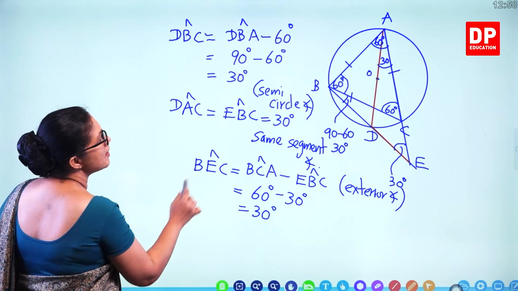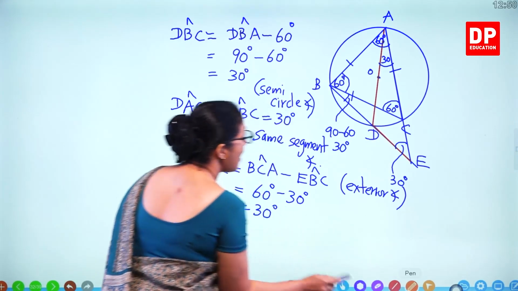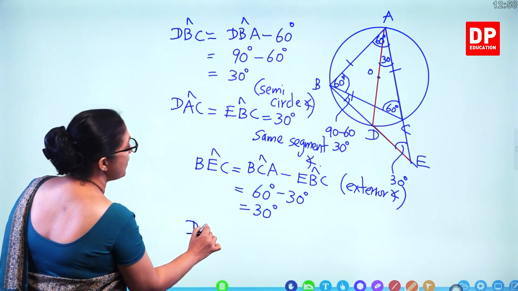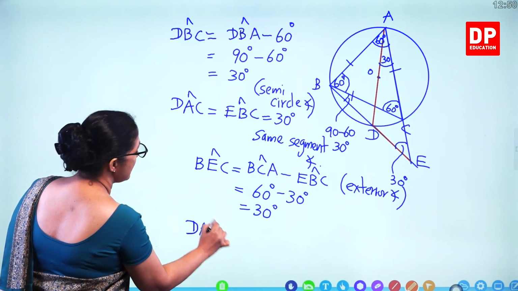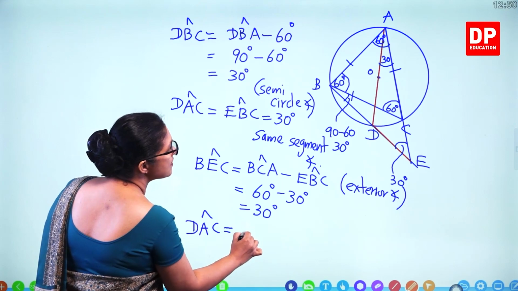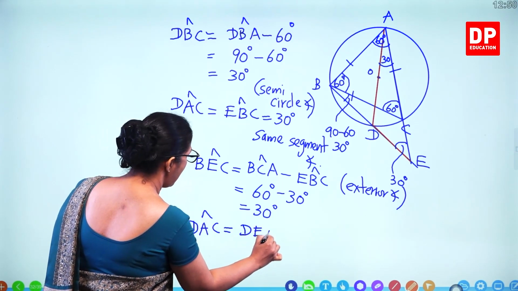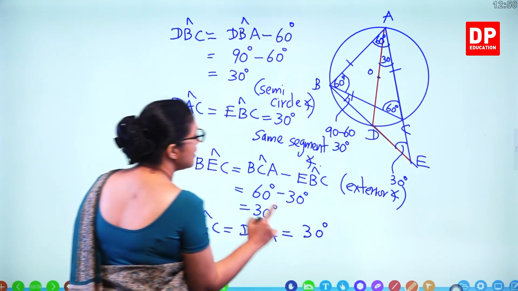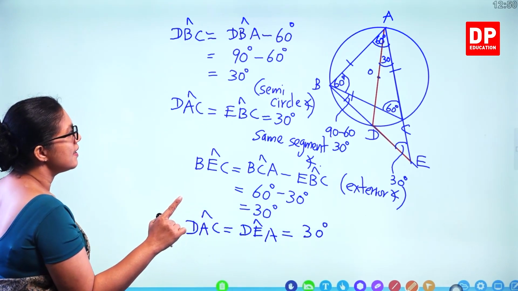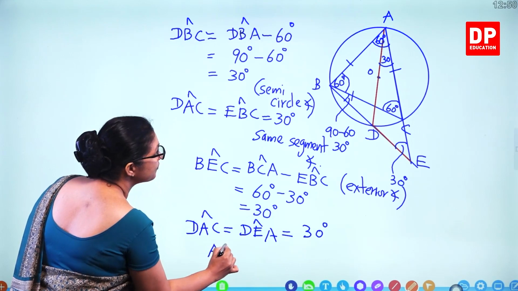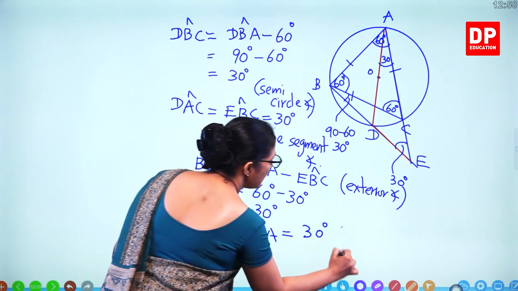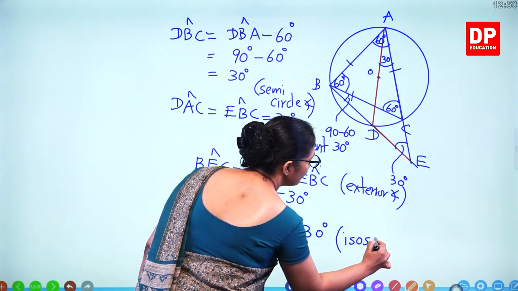Now we see those two angles are equal. That means DAC angle is same as DEA angle. That's 30 degrees. So that means AD is equal to DE, isosceles triangle.